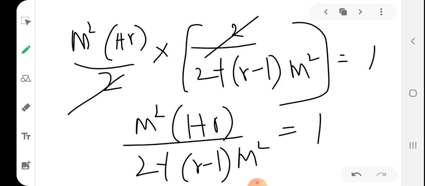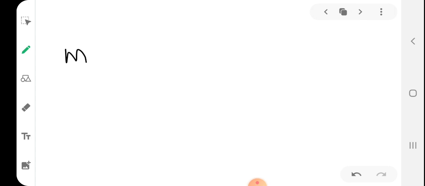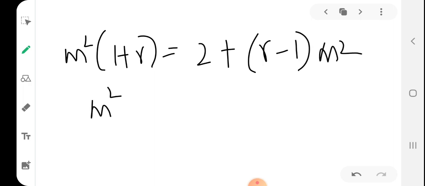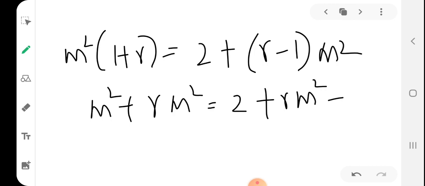Now you just cross multiply it. Cross multiplying, you will get M square into 1 plus gamma equal to 2 into 2 plus gamma minus 1 into M square. M square plus gamma M square equal to 2 plus gamma M square minus M square. So this gamma M square cancels.